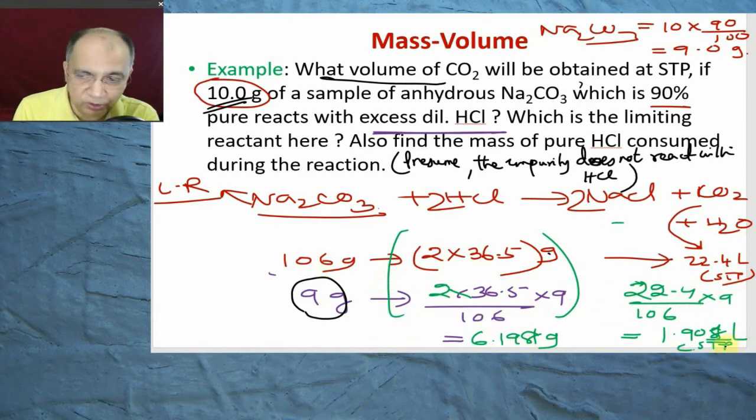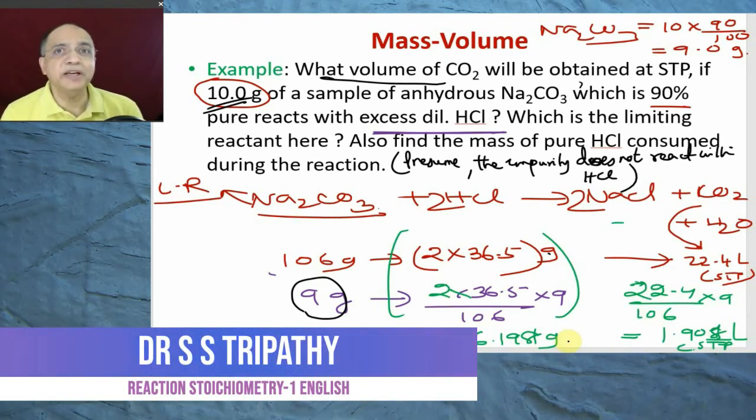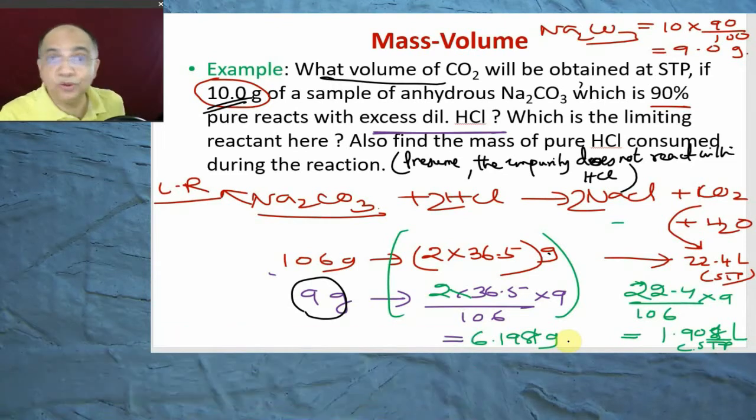This is 1.908 liters. Don't forget to write the units. This is liter, this is gram. But I recommend, if you are not confident to answer in one go below the balanced equation in 2 lines, then it is better to do it step by step. One for one species, the next for the second species, right?